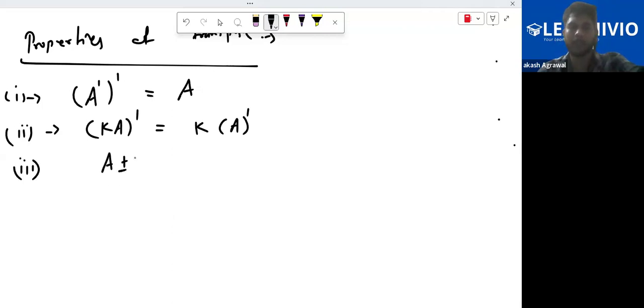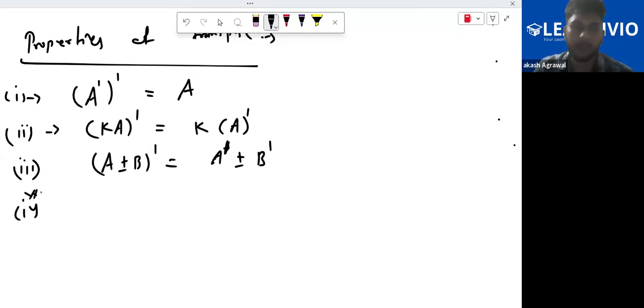If you subtract or add and then take the transpose, that equals A transpose plus or minus B transpose. Same thing.